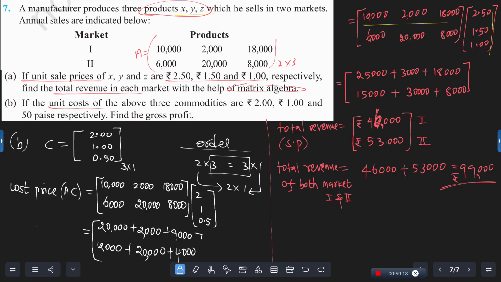You have to add everything, then you will get the cost price.